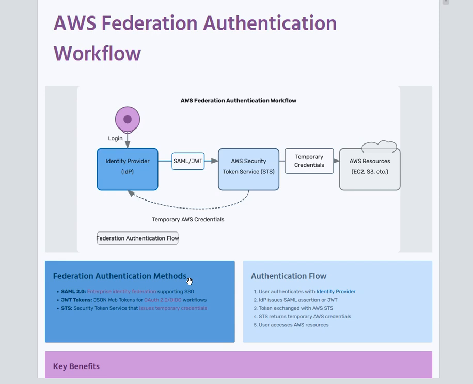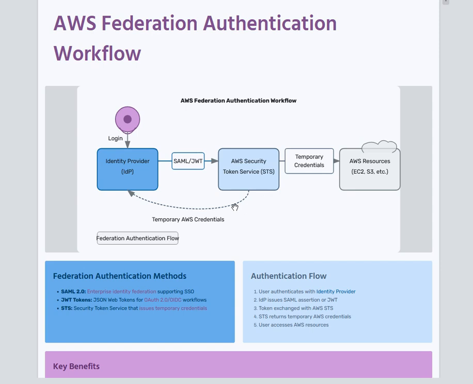So in this picture, you can see that you try to log in using an external identity provider, say your Gmail account username and password. Then the external identity provider gives you a SAML or JWT token, and that is passed to AWS Security Token Service, STS.